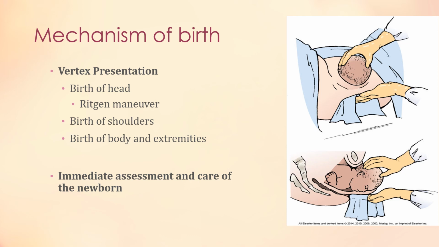This is a very crucial moment where a shoulder dystocia could happen if the shoulder is basically stuck there under the bone. Then we have some specific maneuvers to do, which we'll talk about in the coming weeks. And then the delivery of the body and extremities comes easily after that.